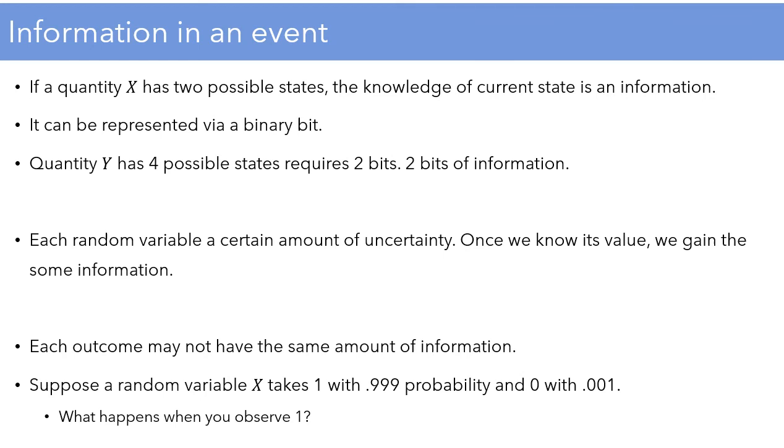Suppose you bought a lottery and there were a total of 10,000 different numbers. Now if I tell you that this number is not the winning combination, that does not give you much information, because there are 9,999 such numbers.